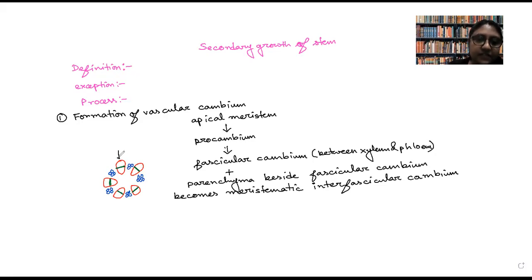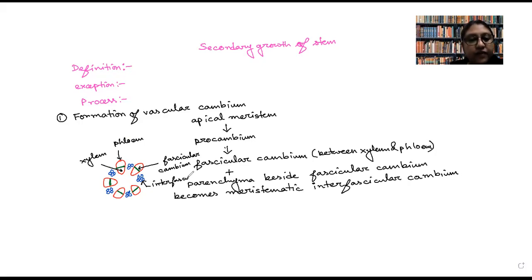Consider if this is phloem and this part is xylem, then this green thing is fascicular cambium, and this blue thing is interfascicular cambium.